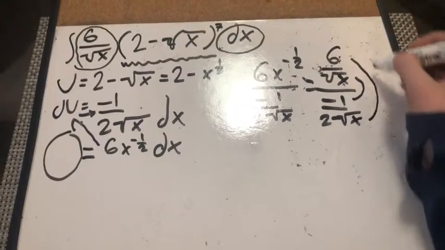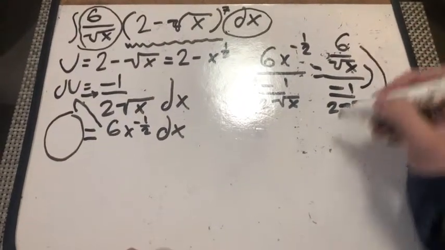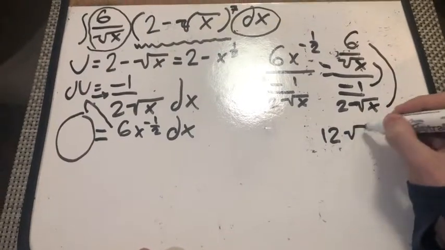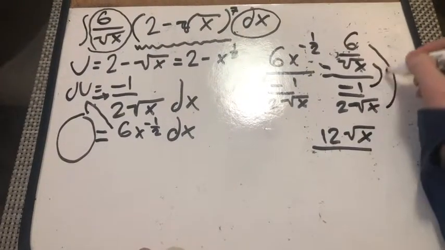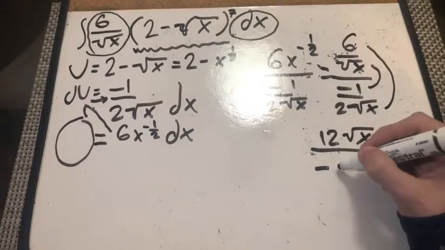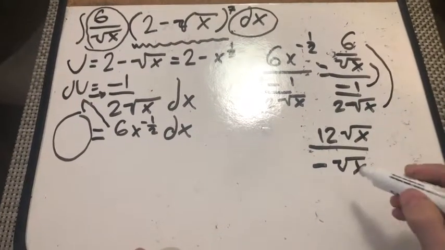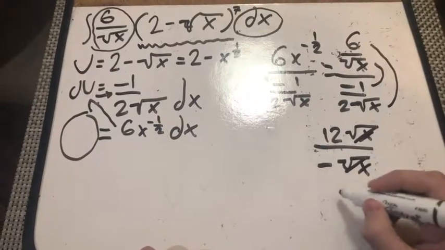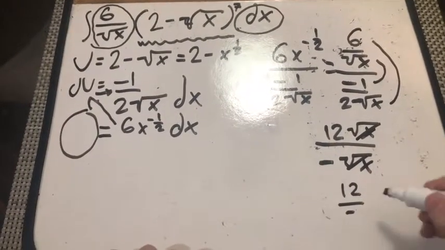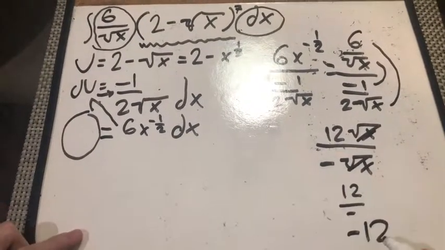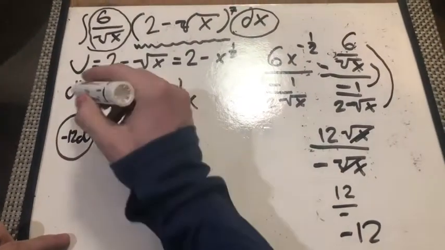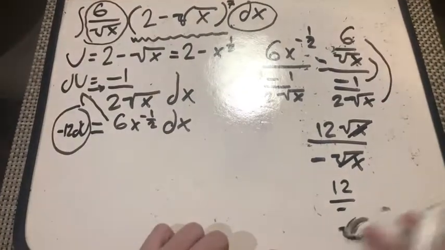So the big line is going to be the numerator, which is going to turn out as 12 square root of x, and that denominator is going to be this times this, which is negative square root of x. And as we can see, this just cancels out, and what we have left is 12 over negative, which is just a negative 12. And this is what we want over here, and of course with the du that is multiplied over here. So let's erase this.